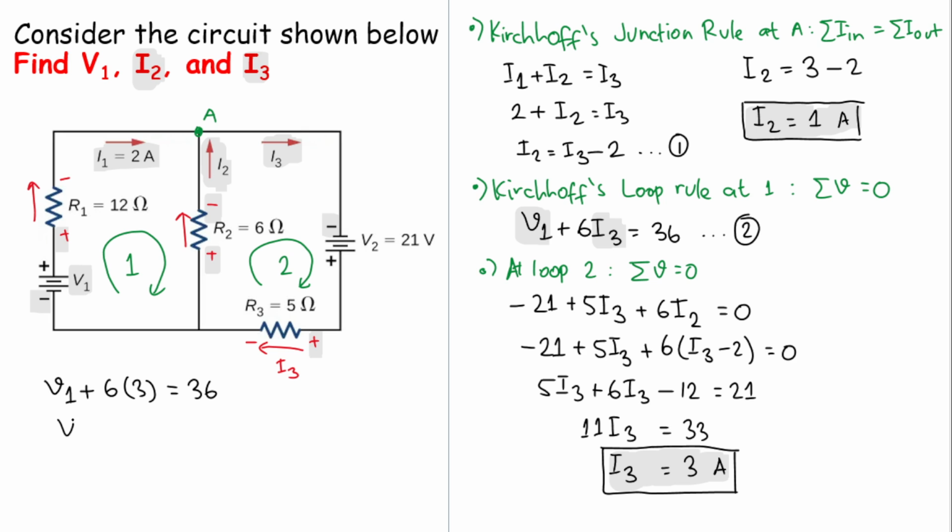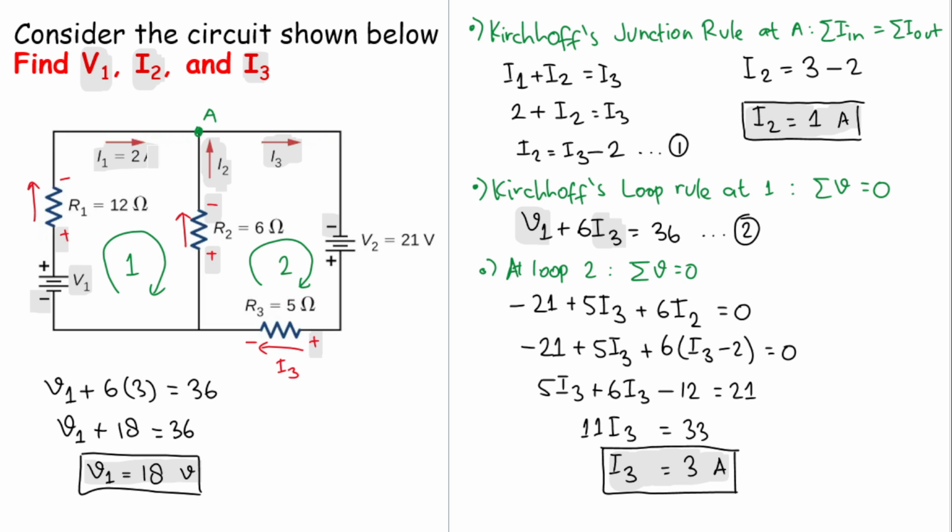And then we will have V1 plus 18 is equal to 36. We can subtract 18 to both sides. So we will have V1 is equal to 18. And the unit here will be in volt. And this is also the last thing that we need to find out. So this is V1 here, which is 18 volt.